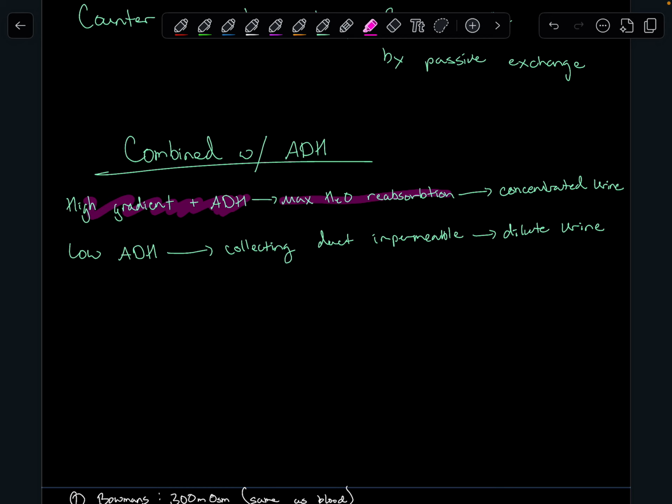This is usually when we need this, when we're dehydrated, right? Because if we don't have a lot of water in our system, we're going to need to increase our ADH so that we can get more water from the filtrate. And it creates a very concentrated urine because we don't want the water to leave. A low ADH would cause the collecting duct to be impermeable to water, which would dilute the urine, or the water would be excreted.